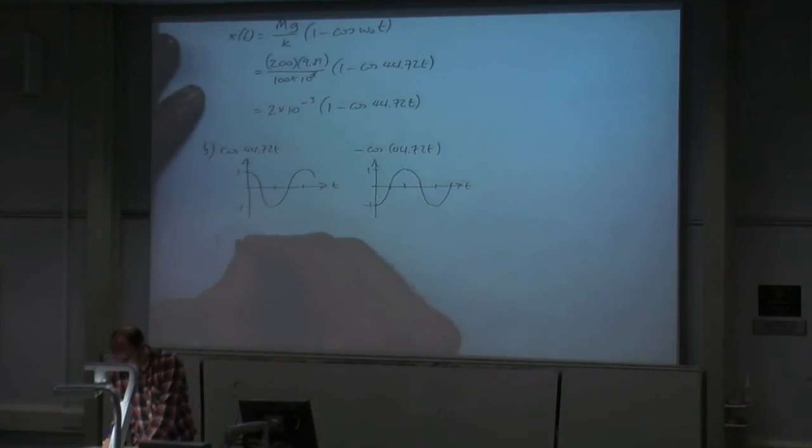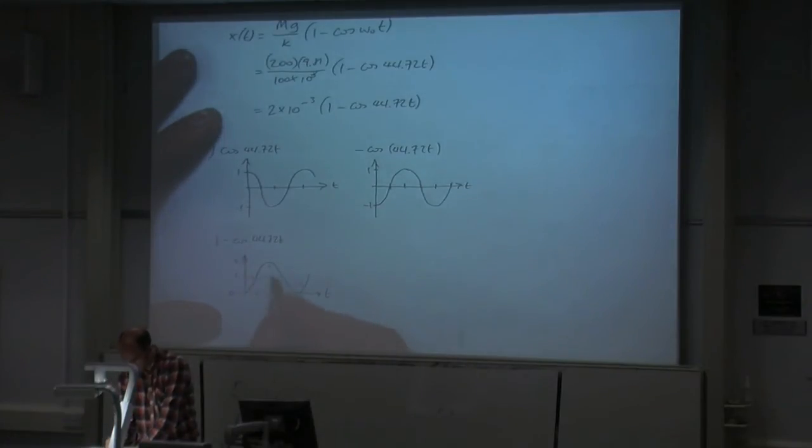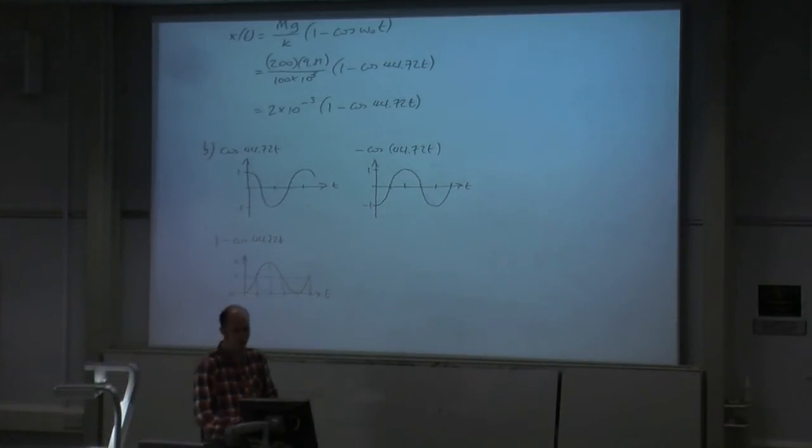And if we put 1 minus cosine of 44.72t, you get the whole thing added to 1.